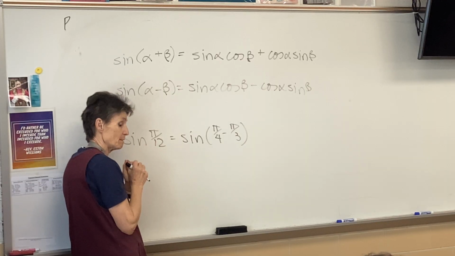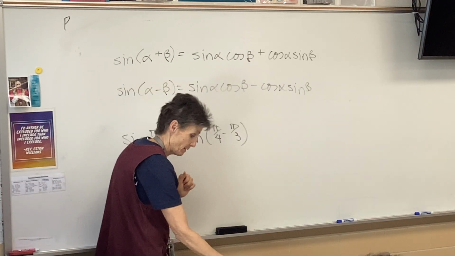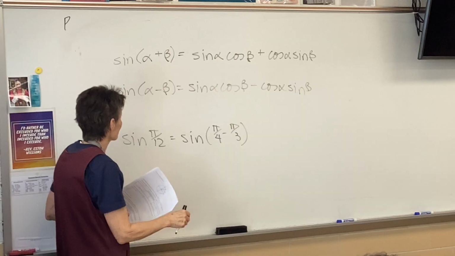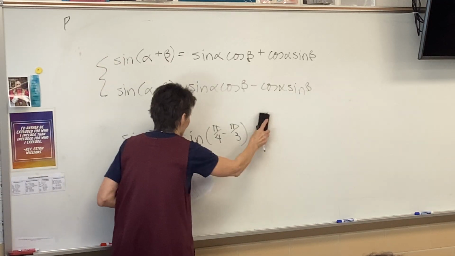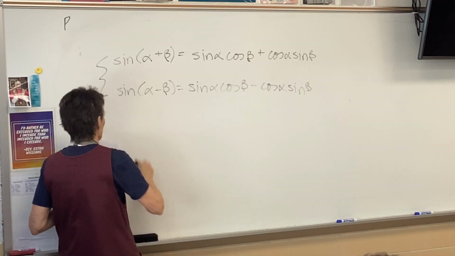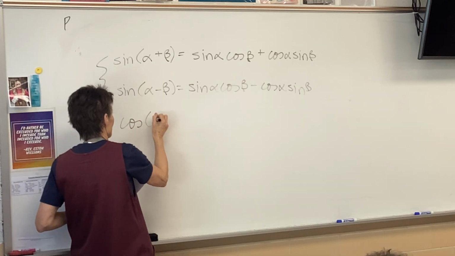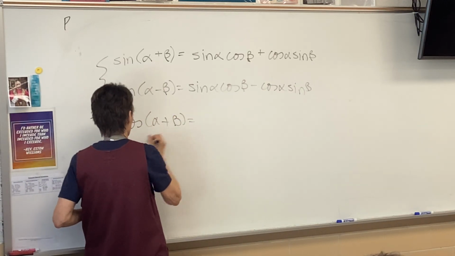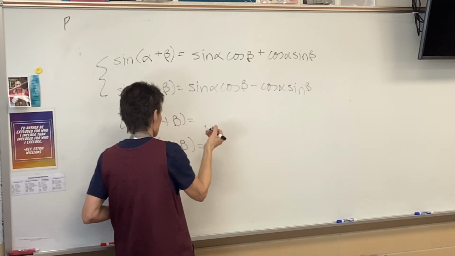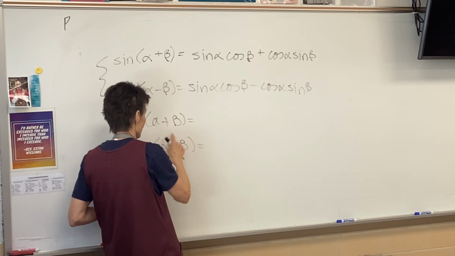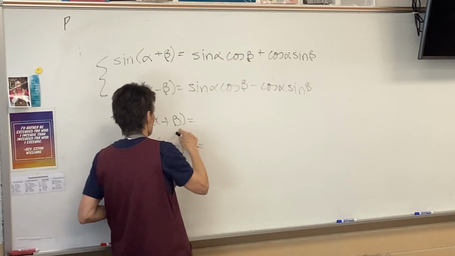We'll practice that in a minute, but I want to get the other ones up here before we run out of time. All right, so these are the sine sum and difference. Cosine, sum, and difference. And I'm going to go ahead and write them separately. You do not have to. They are the same, except for their signs.